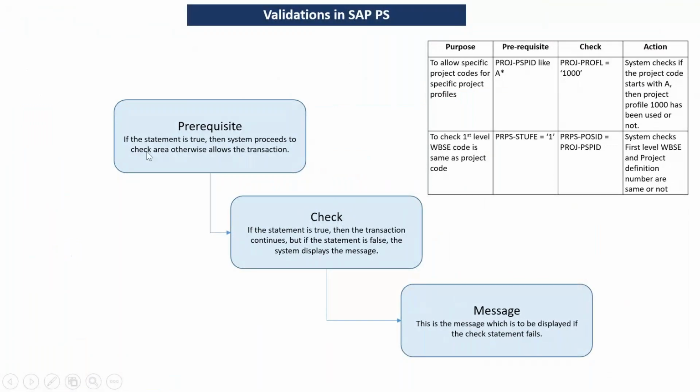First of all, we have prerequisites, where exactly this validation will be kept. If the statement is true, then the system proceeds to the check area, otherwise it allows the transaction. So let's say project profile ABC: if the project profile is ABC, only then are we going to check this condition, otherwise we proceed with the transaction itself.